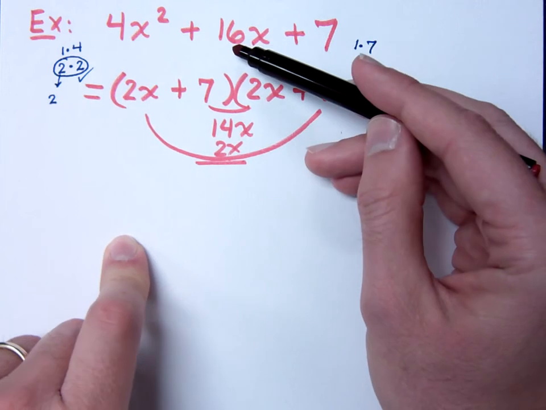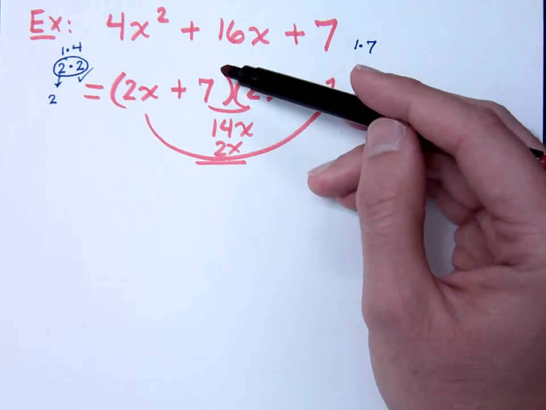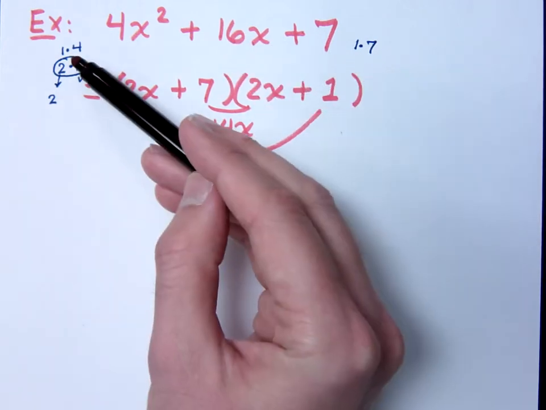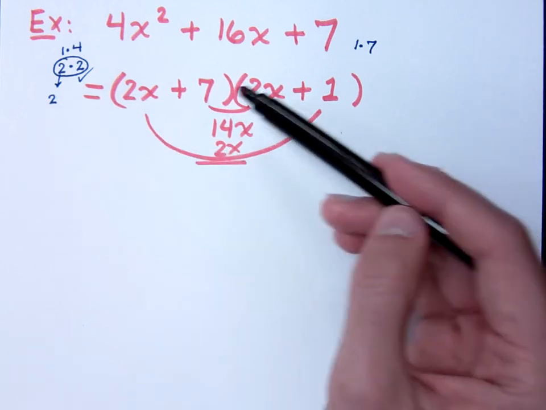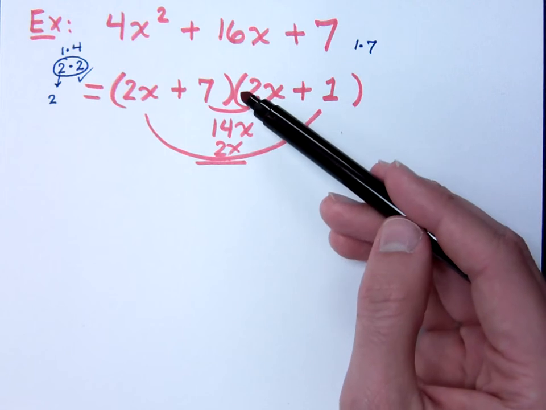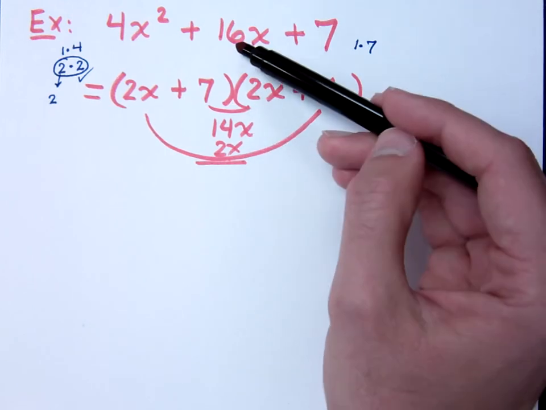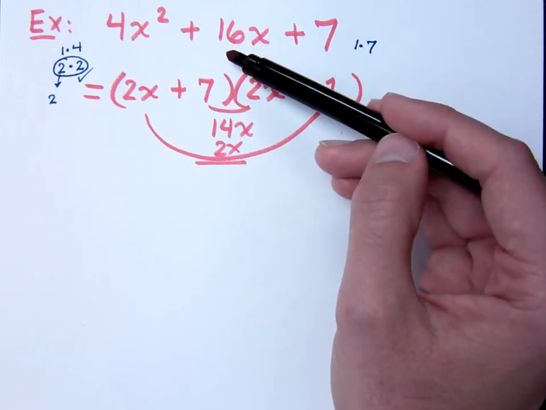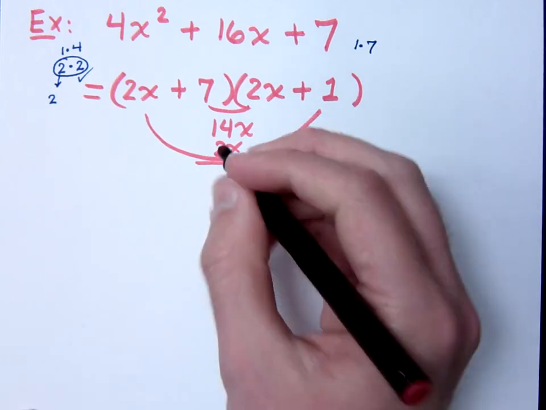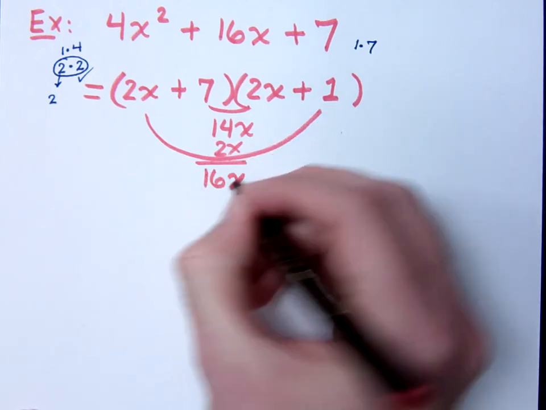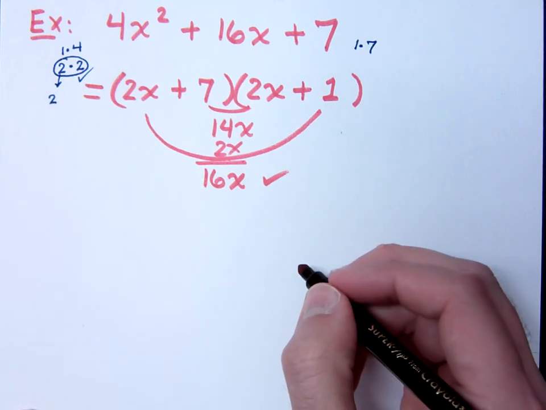But if the middle term isn't a multiple of that number, you can't use it. Here, since this common factor was a 2, I know that the outside and inside will be a multiple of that factor, and 16 is a multiple of 2. In other words, 2 goes into 16 evenly. So there's my positive 16x, and everything checks out here.